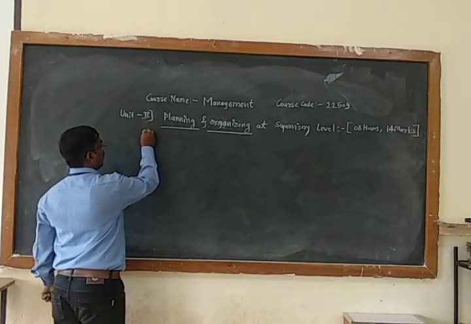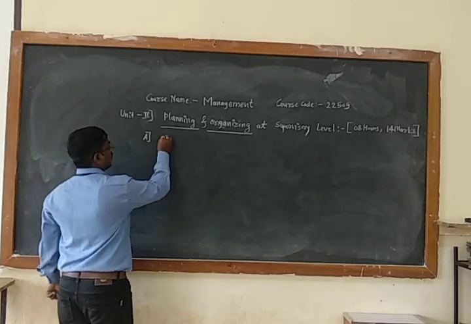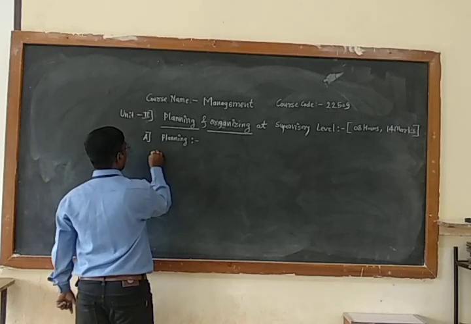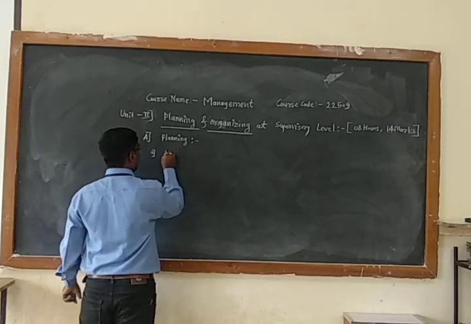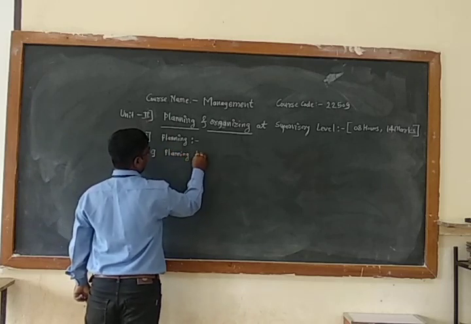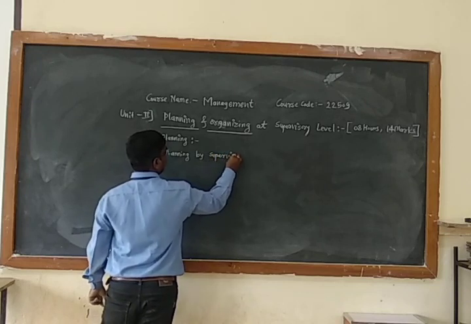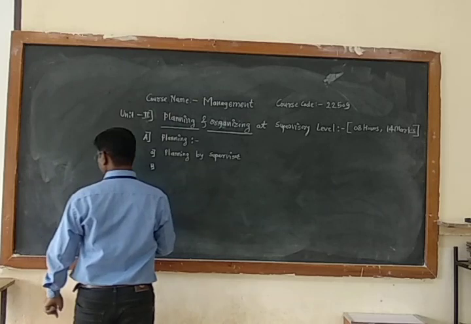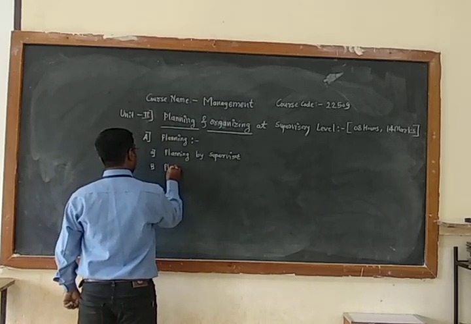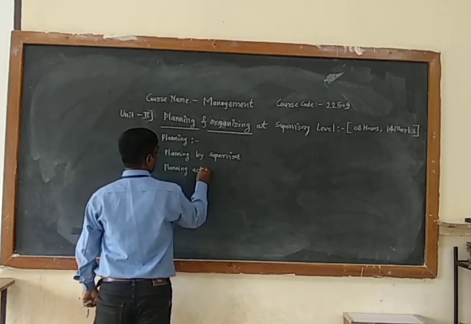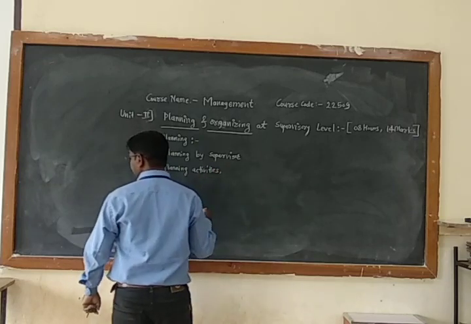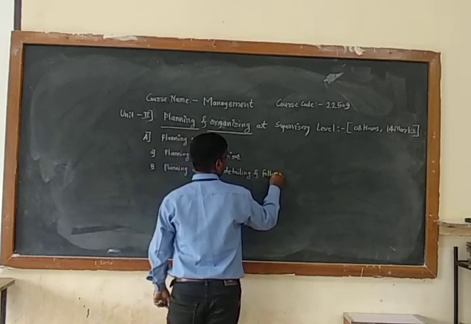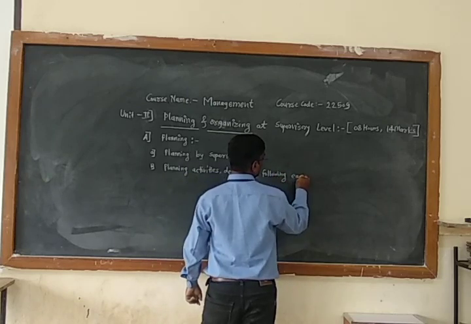The first one, let us suppose it should be marked as A, that is planning. The main contents of planning are, the first one, that is the planning by supervisor. For planning that supervisor should do is the first point of this planning part. The second one is nothing but the planning activities, detailing and following each step.